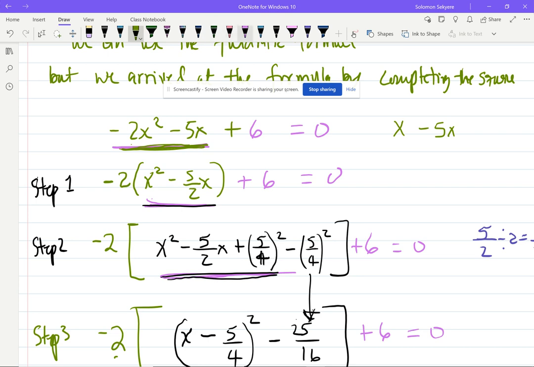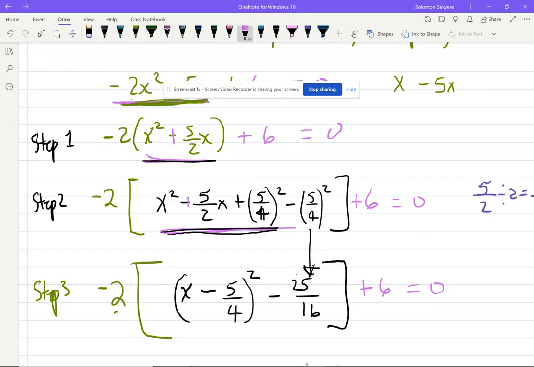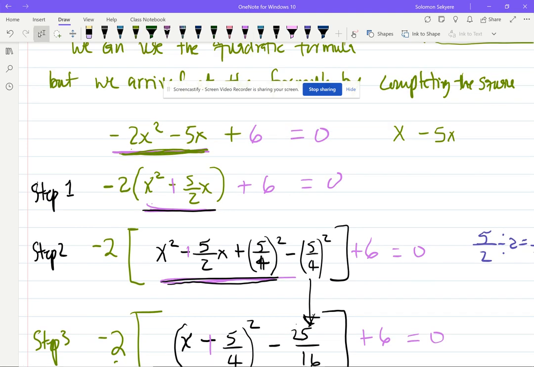So we take the -2 outside. Sorry, this becomes plus, that is plus. When we move the -2, basically we divided this by -2 and that by -2. That is how we took the -2 outside.